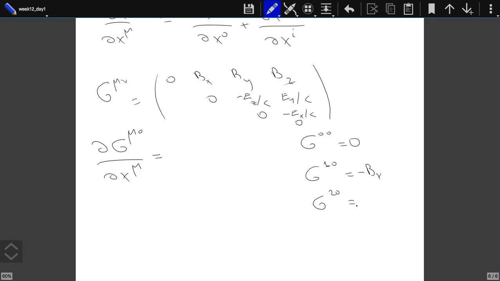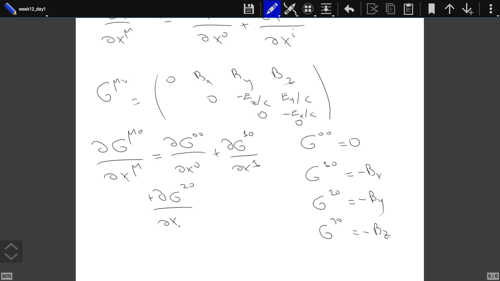Written explicitly, this is del G00 by del x0 plus del G10 by del x1 plus del G20 by del x2 plus del G30 by del x3, which is nothing but minus the divergence of B, which would be 0. Okay, this is our third Maxwell's equation.